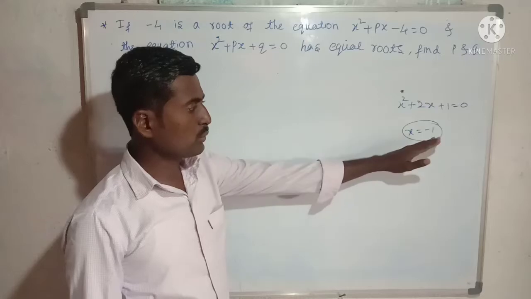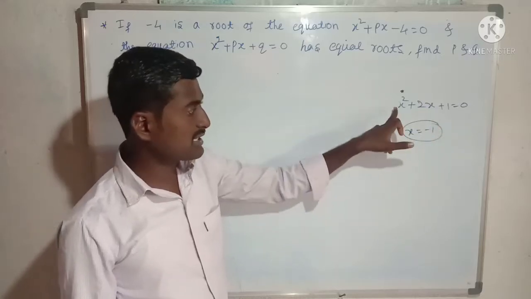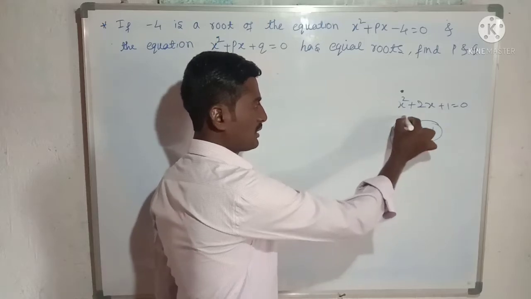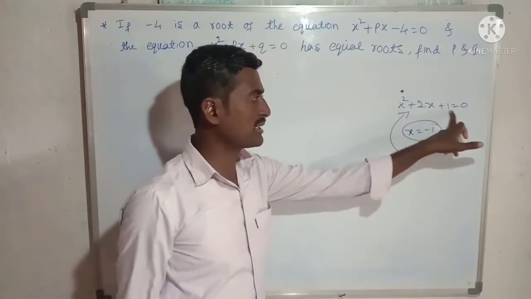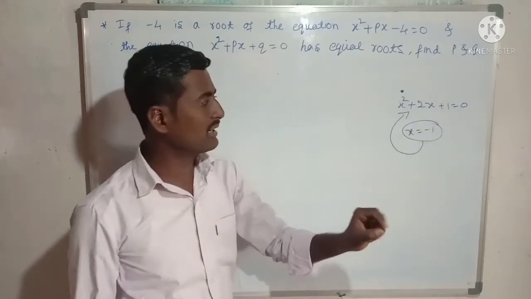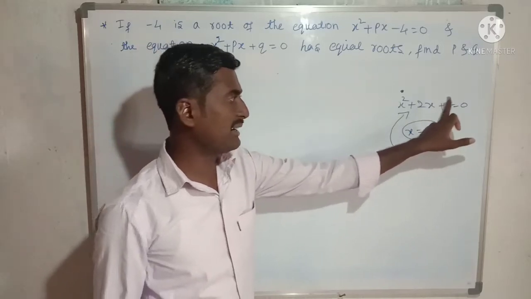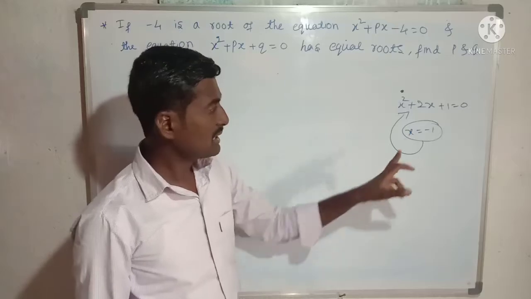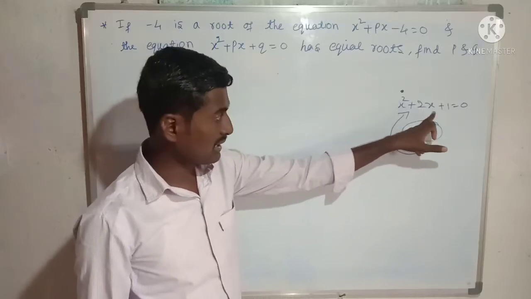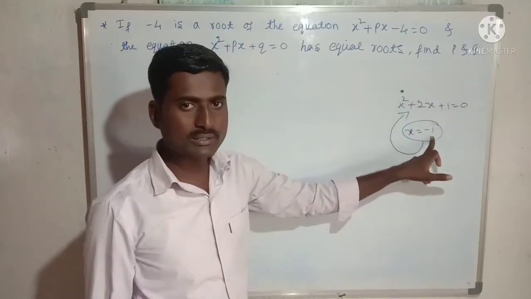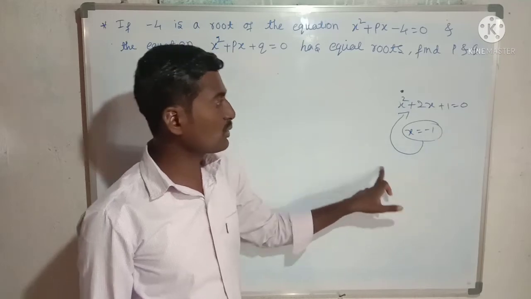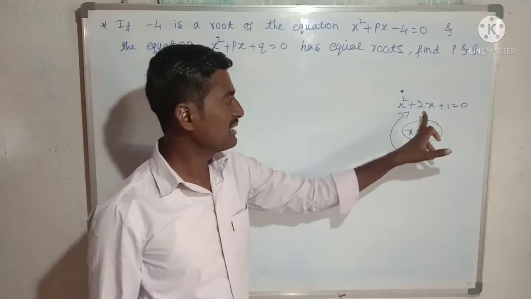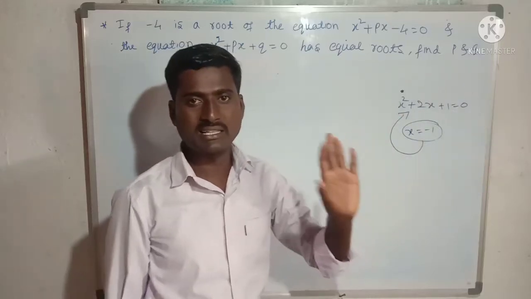If you are getting the root as minus 1 of this equation, you substitute this root in the given equation, you must get LHS and RHS are equal. If the equation has any root, that root you have to substitute in the given equation, you must get the LHS and RHS equal.